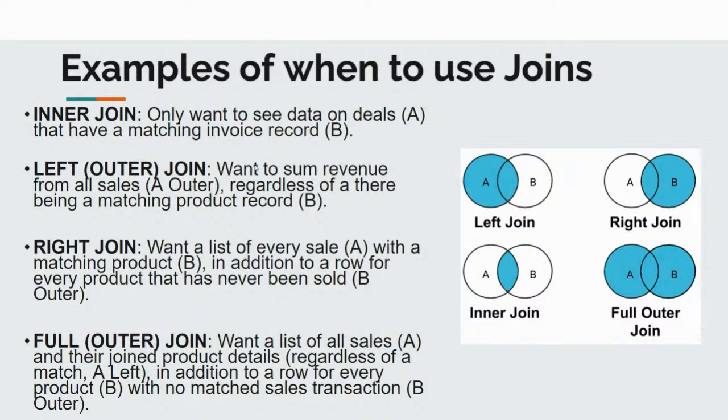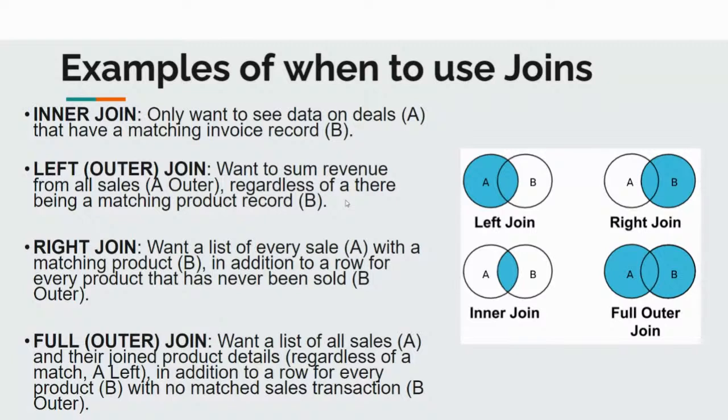Say you've done these deals, they're all in A, and then you sum all of the invoice records in B, and maybe some of these deals don't have any invoice yet.